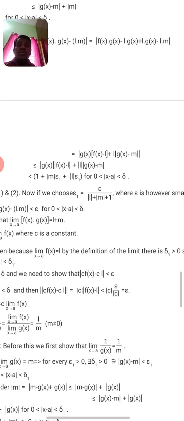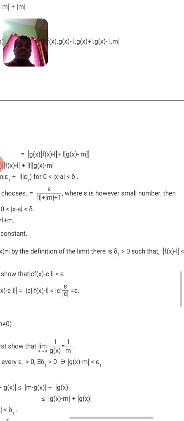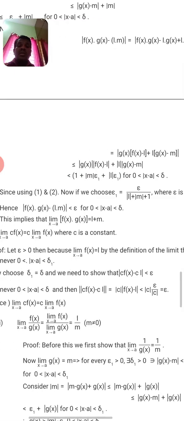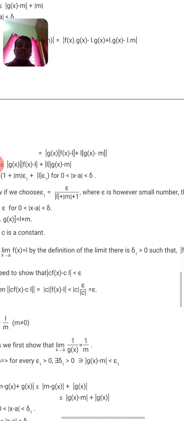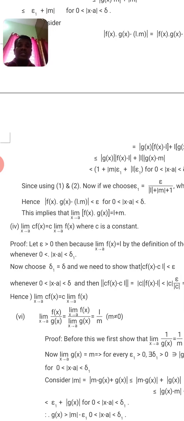Now we choose epsilon 1 equal to epsilon by modulus L plus modulus m plus 1, where epsilon is a very small number. Hence modulus f(x) into g(x) minus L into m is less than epsilon for 0 less than modulus x minus a less than delta.